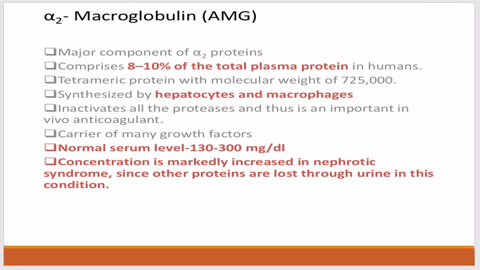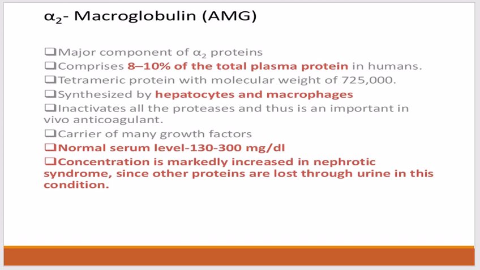The third alpha 2 globulin is alpha 2 macroglobulin. It is a major component of alpha 2 proteins. It comprises 8 to 10% of the total plasma proteins in humans. It is a tetrameric protein with a molecular weight of 725,000. It is synthesized by hepatocytes and macrophages and inactivates all the proteases, and thus it is an important in vivo anticoagulant.